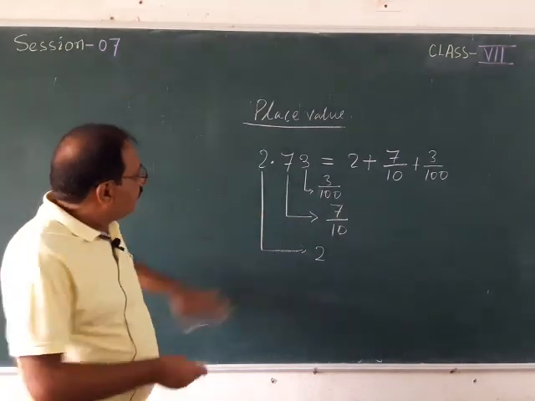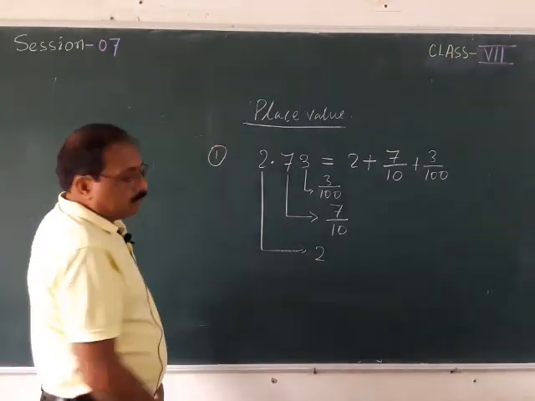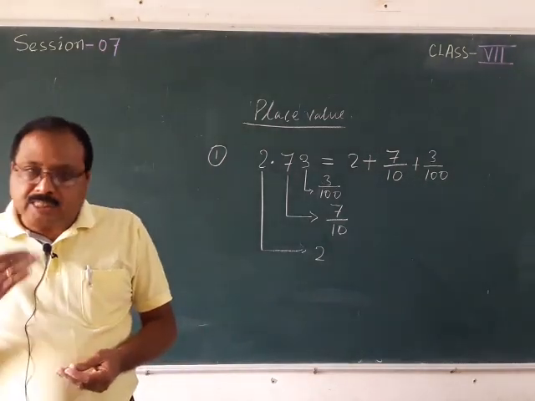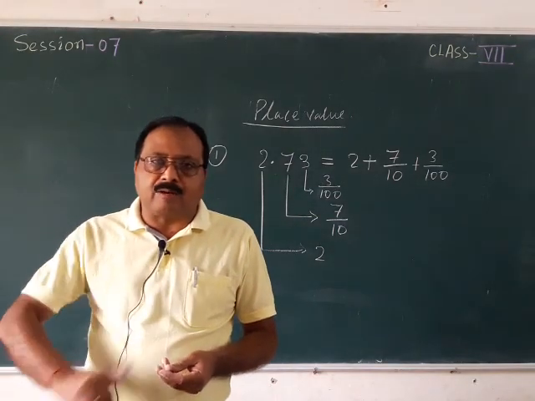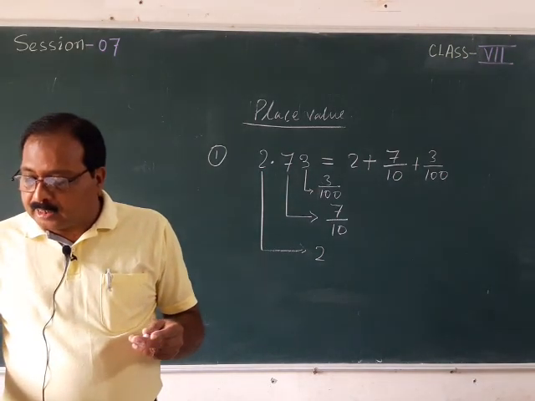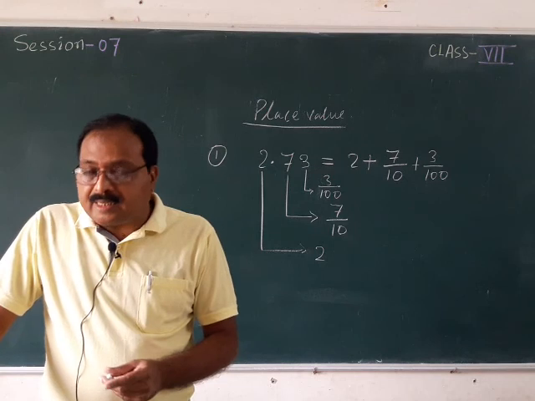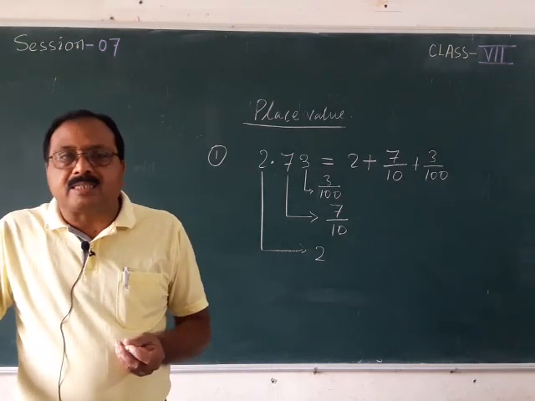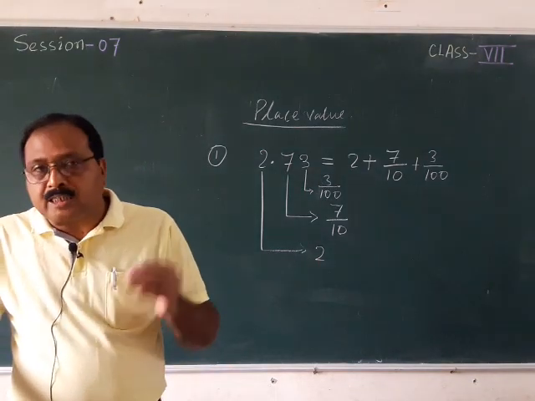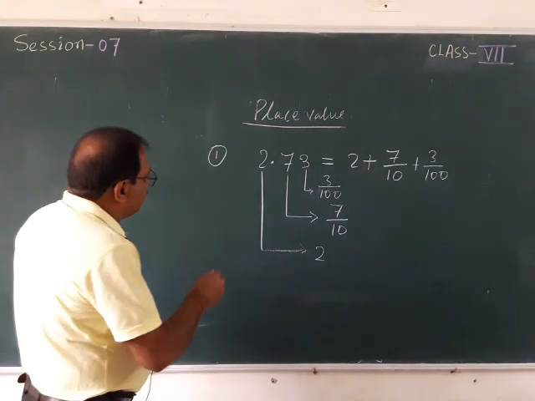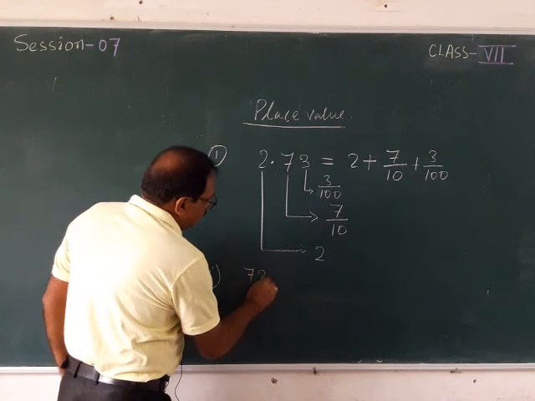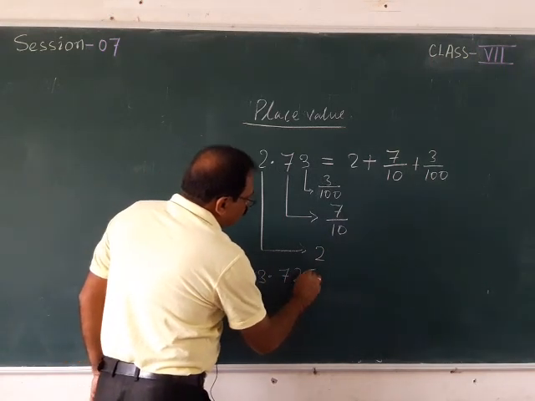So, after the decimal, if you write any number, the names of the place values change. As you count ones, tens, hundreds, thousands, ten thousands, in decimals this is changed. After the decimal, the first digit is at the tenths place, then the hundredths place, then the thousandths place. Like that we read the number. Suppose for the second question I write 73.925.